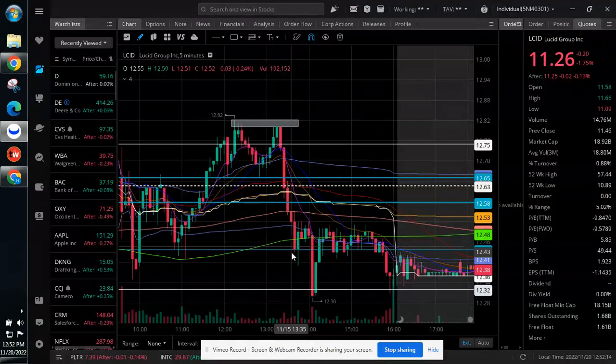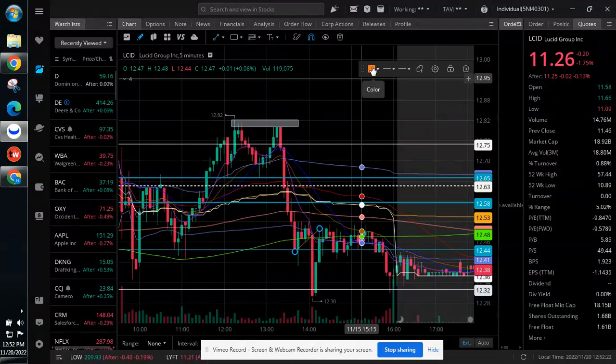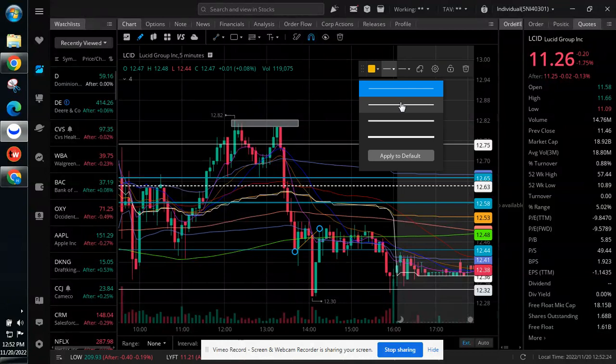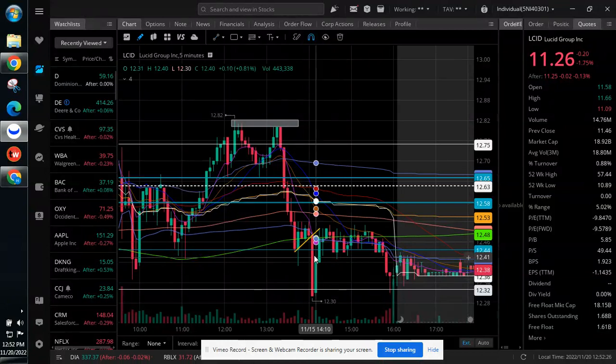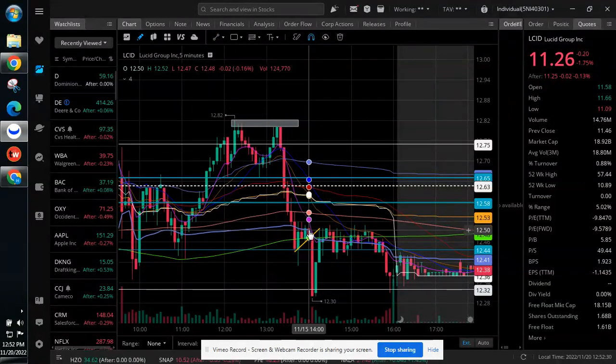Broke all those levels. You have a bear flag here. So you got your drop, you got your pullback, created a bear flag, broke the bear flag, came all the way down. That's a huge candle.